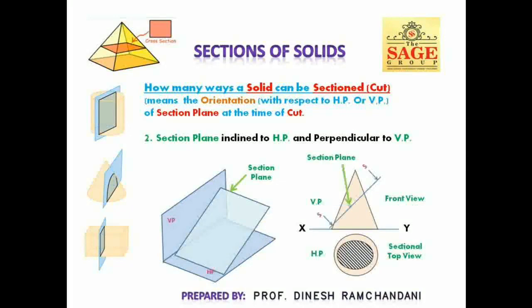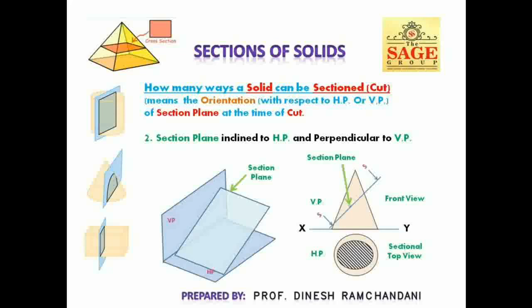Now comes the second case. Section plane inclined to HP and perpendicular to VP. Please give attention in previous case and in this current case. Section plane cuts the solid in front view and section developed or new surface in top view. Only difference being case 1, section plane was parallel to HP, and here in case 2 it is inclined to HP.